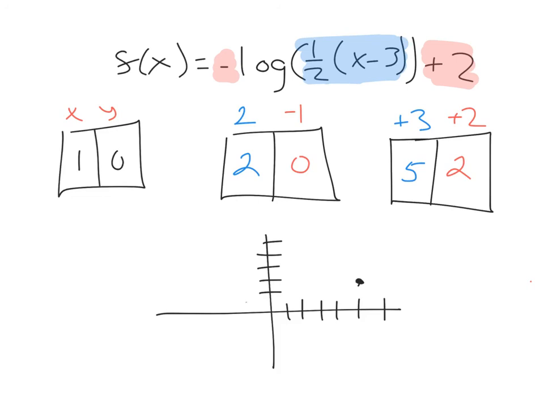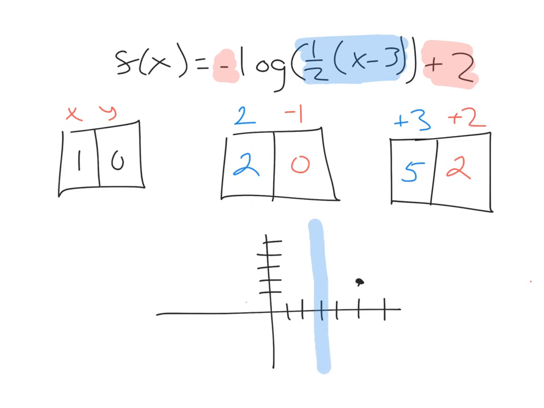Now I want to figure out where the asymptote is going to be. The asymptote is dependent upon where my translation was for my horizontal, right? So it was a -3, so that means it's going to be shifted to the right 3 units. So it's going to exist 1, 2, 3 right here.